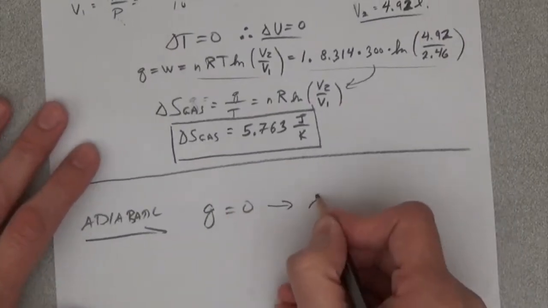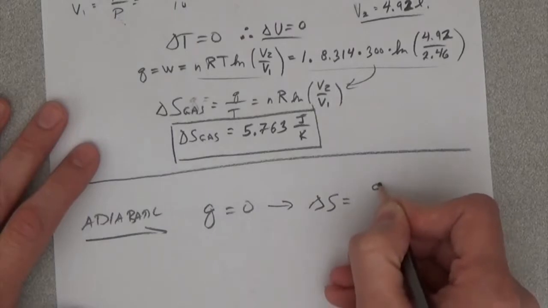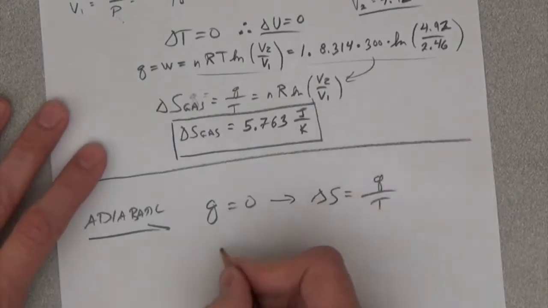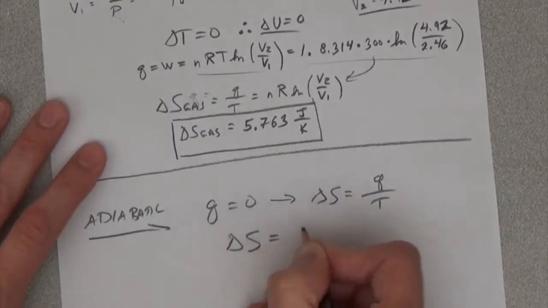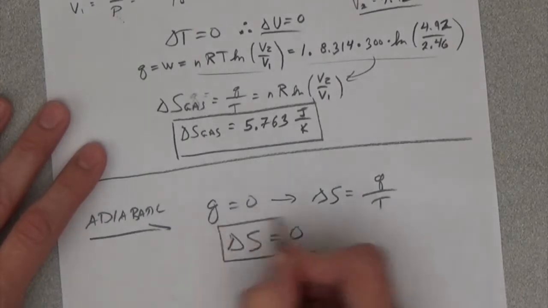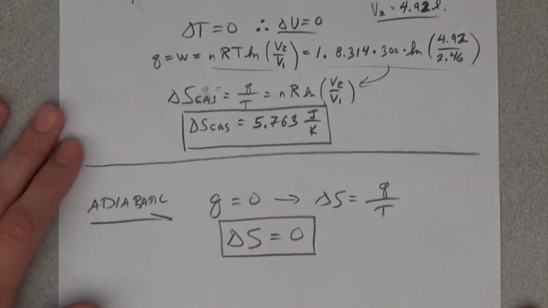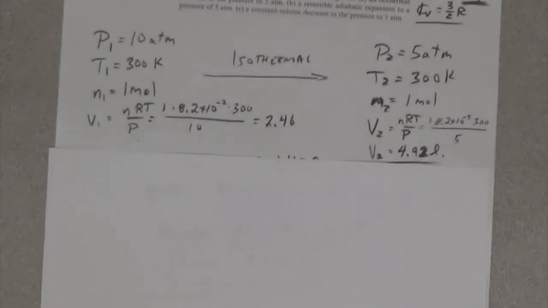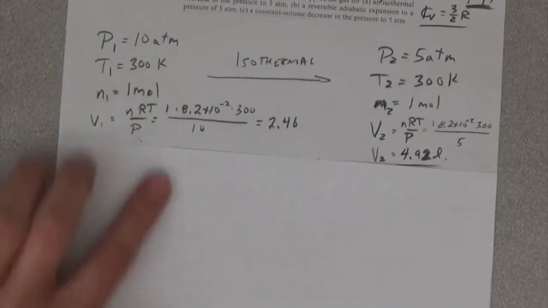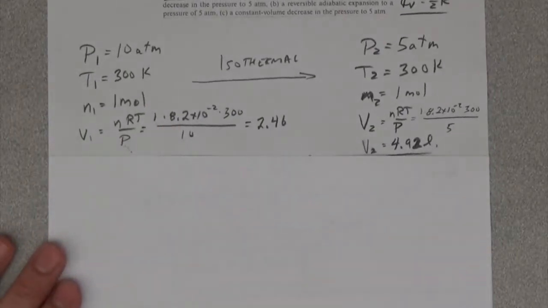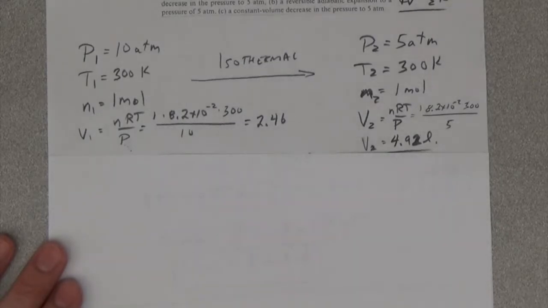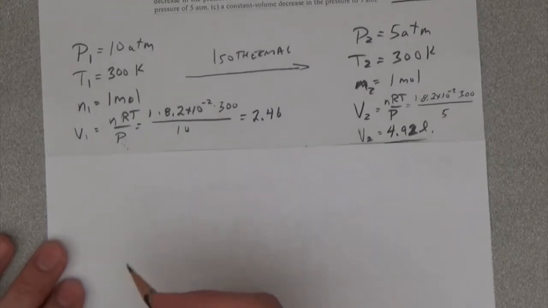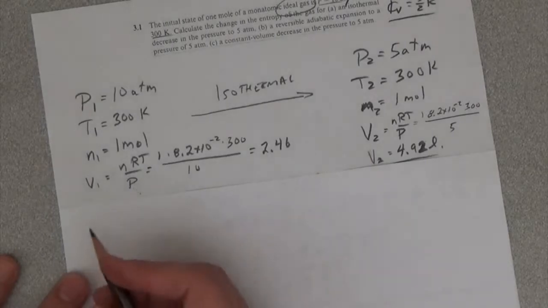Well, that implies delta S is equal to Q over T, so delta S equals 0. So that wasn't so bad. And the final question is about a constant volume decrease in pressure. And we're going to have to do a little bit more work here. And you'll see if you write things out why that is.